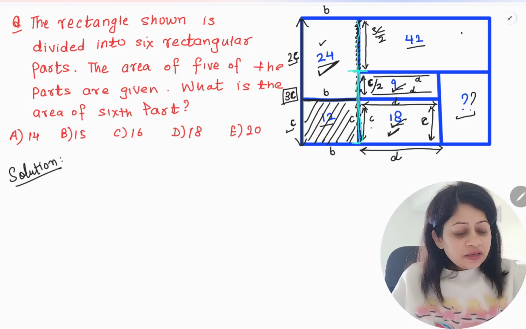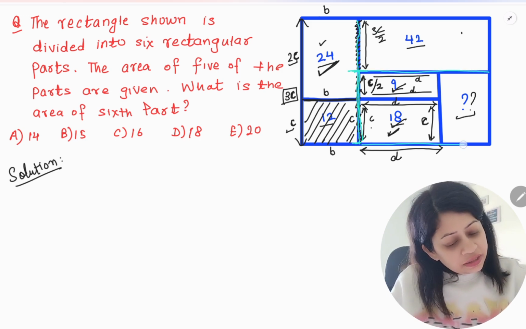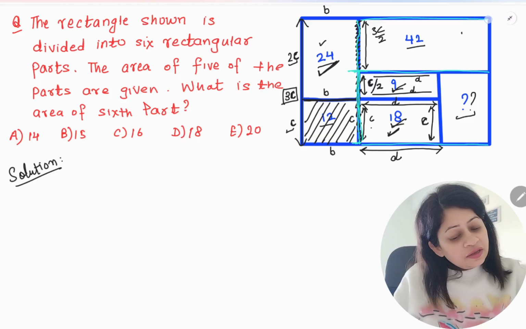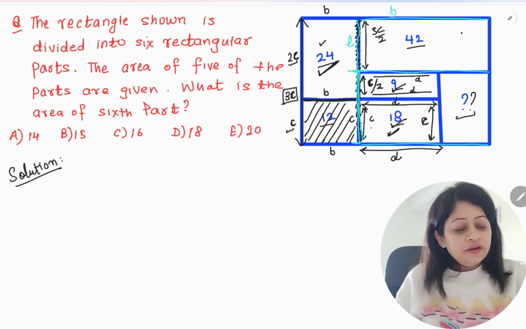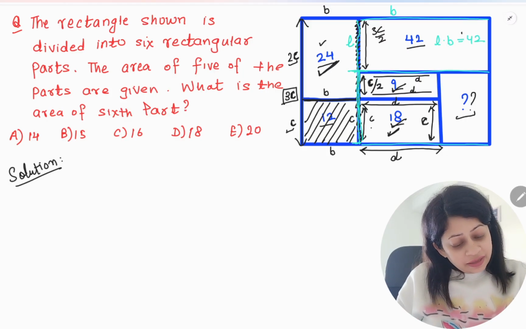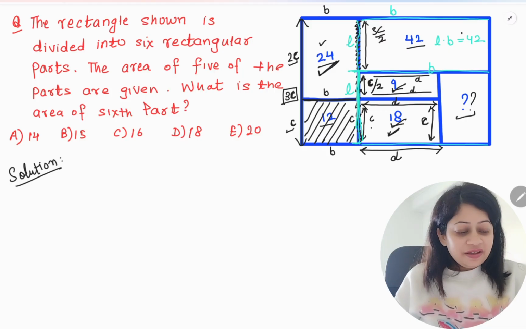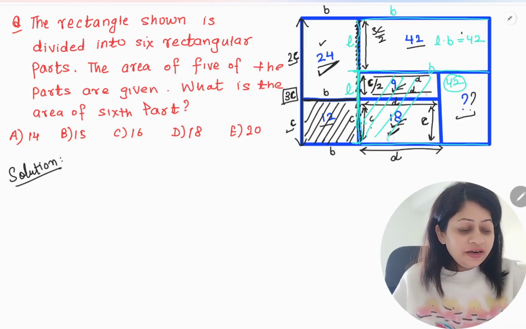That means, if you see, this side is equal to this side is equal to this side. So whatever is the length here and whatever is the breadth here, length times breadth is 42, right? And this length is also same and this breadth is also same. So this should also be equal to 42, this whole area, right?